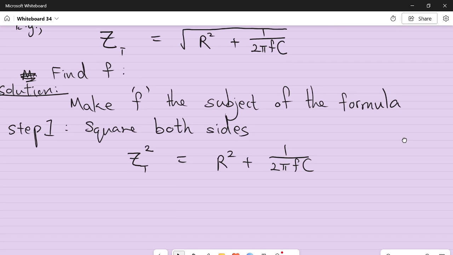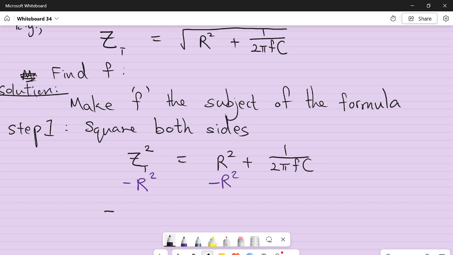What do you think I'm going to do next? Yes, minus R squared. I'm going to use a different color pen to say what I'm doing to both sides: minus R squared this side, minus R squared this side. We moved too fast for some people. Everybody happy? Now we're starting to eliminate a lot of terms on the right hand side.